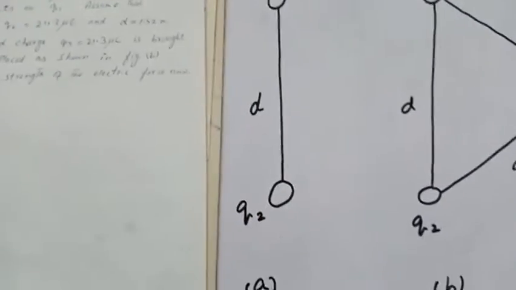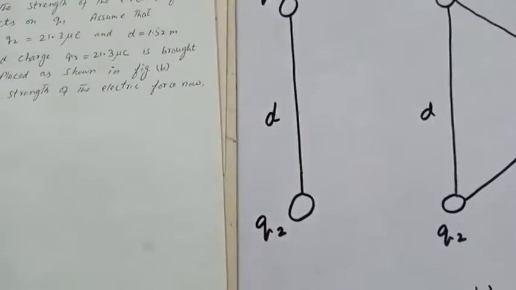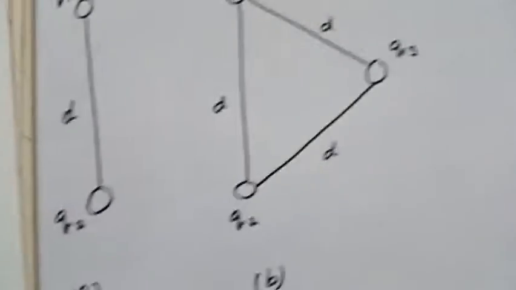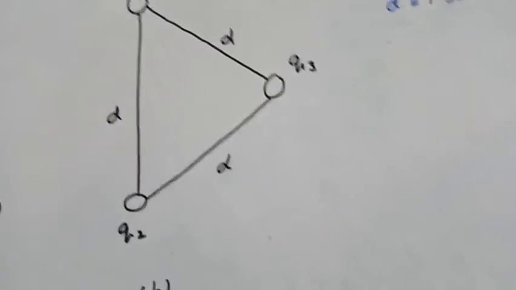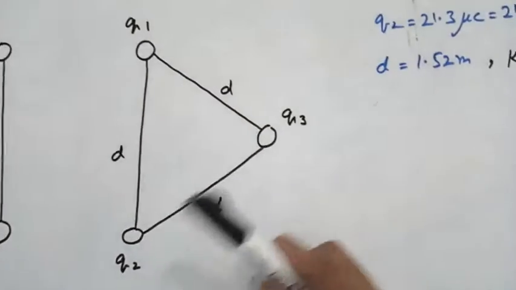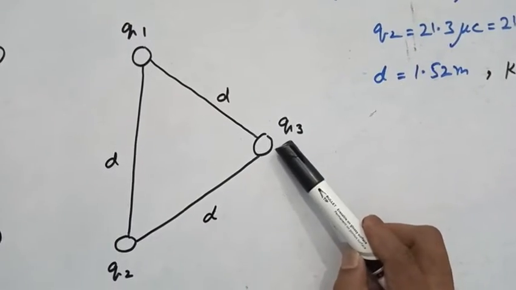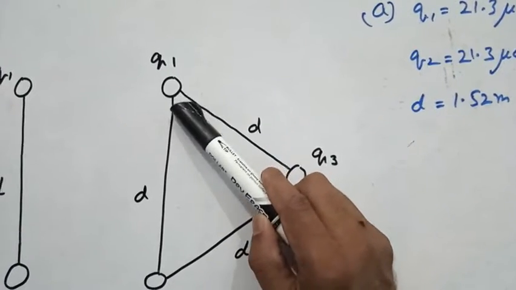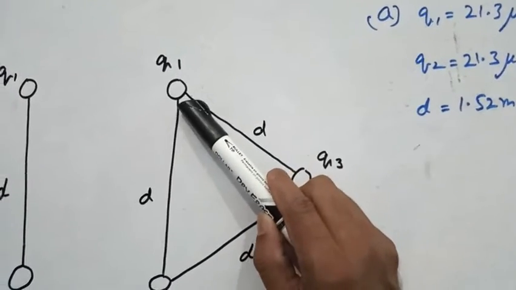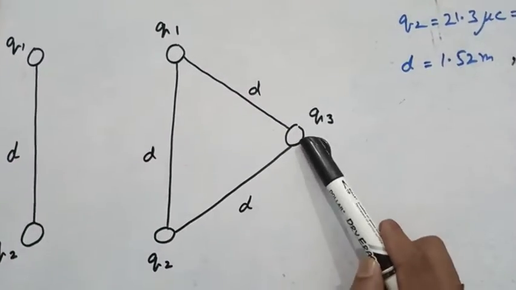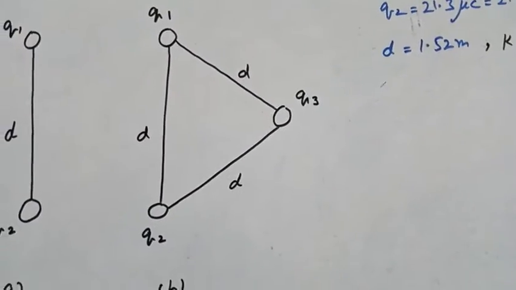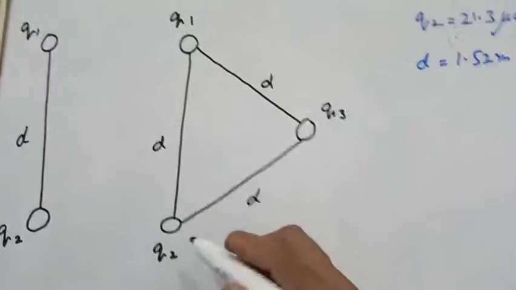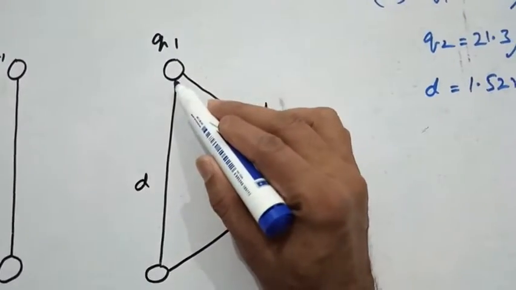So now we want to calculate the force on charge q1. Here is charge q1. Now as we can see, in this case charge q2 and charge q3 both exert force on charge q1. So we have to calculate the net force acting on charge q1 by charge q2 and q3. As all three charges are of the same kind, charge q2 repels charge q1.